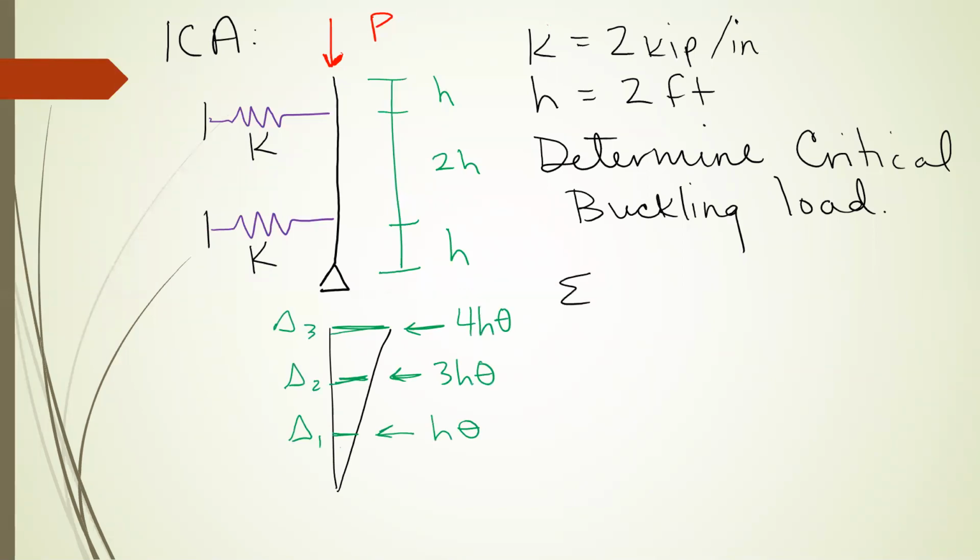Now we take the sum of our moments. Our disturbing moment is P times 4H theta.